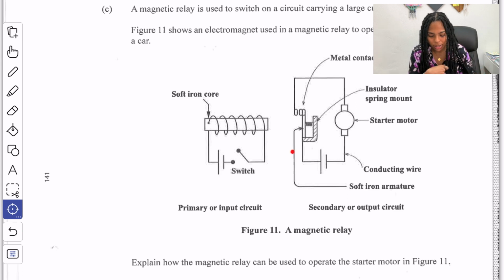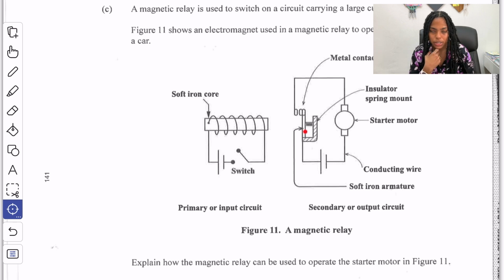On the other side, on the secondary or output circuit, I have a soft iron armature here, meaning the magnetic field created here will cause this piece of iron to be attracted to it, because one thing we know is that only magnets repel each other, but magnetic materials will always be attracted to the magnetic field.